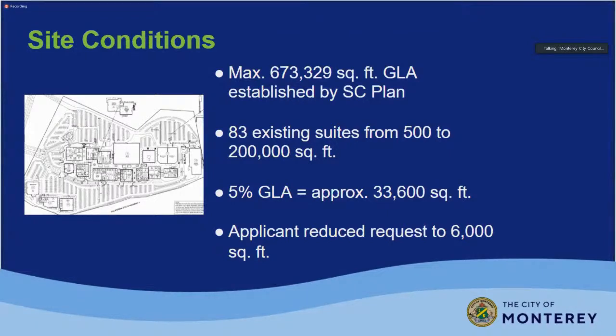The Macy's is that very large location. The plan actually did establish a maximum gross leasable area of 673,329 square feet. As I mentioned, the applicant started at 5%. That's where we have that 33,600 square feet number, and the applicant reduced it to 6,000 square feet.